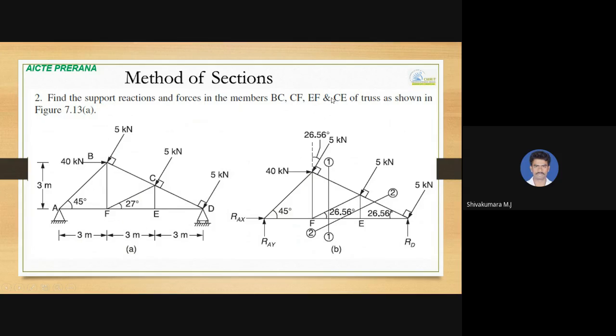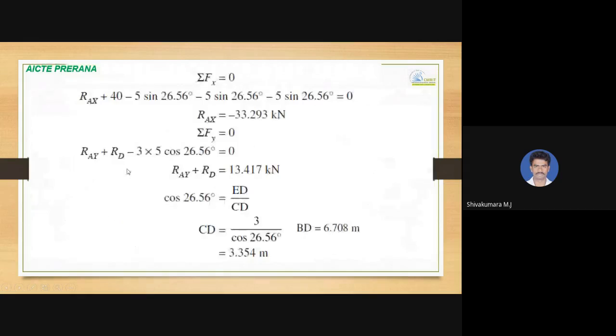By looking at this, we'll get to know where exactly we should take the section. So BC is here, CF is here, EF is here, and CE is here. So we cannot cut all the members in a single section line. So we can take a section vertically, if you draw a vertical line over here.